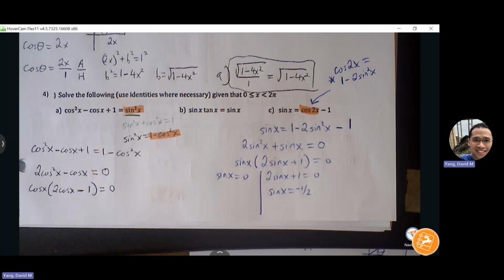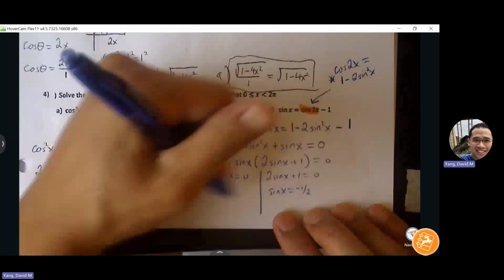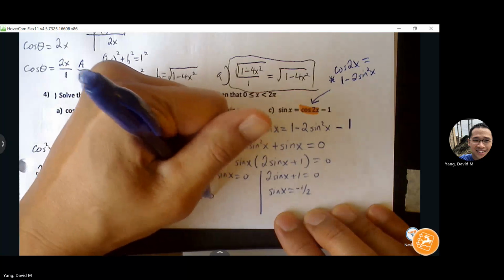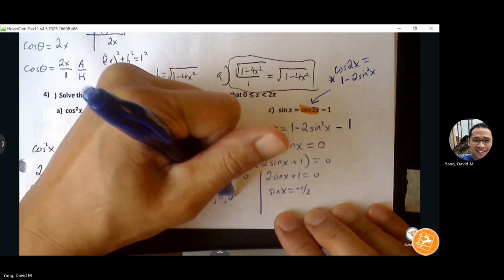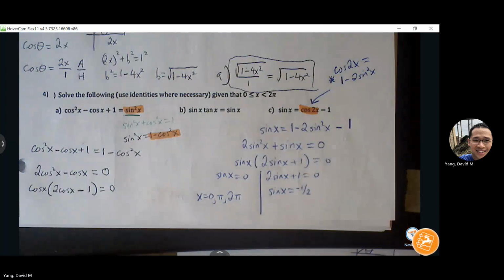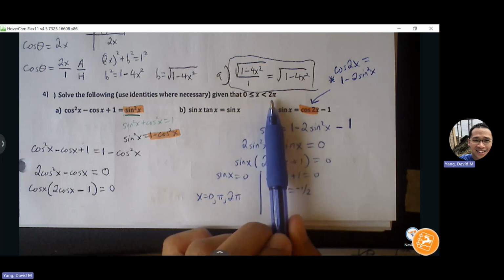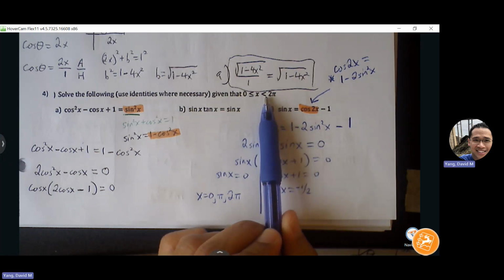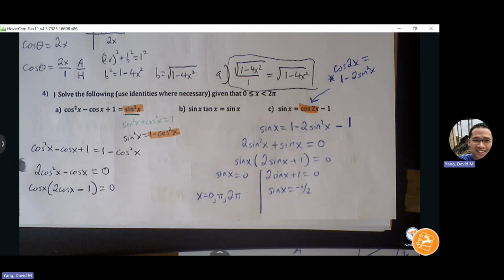All right, we ask ourselves, where is sine equal to 0? Now, normally I would include 2 pi. Yeah, because of that inequality there. That less than doesn't include 2 pi, so we can actually remove 2 pi.